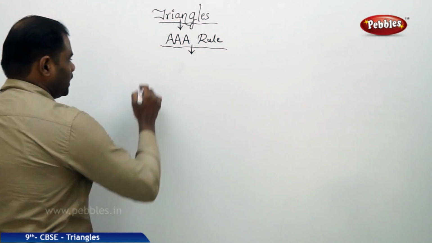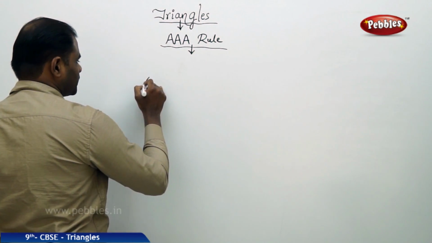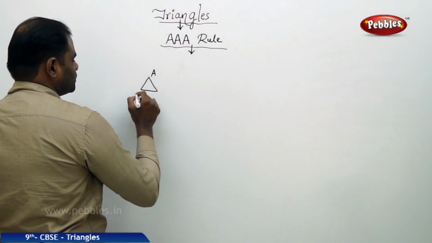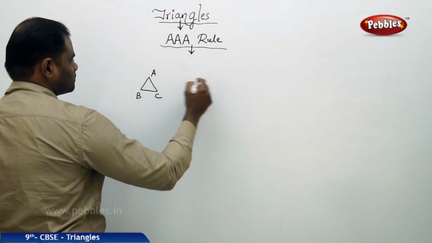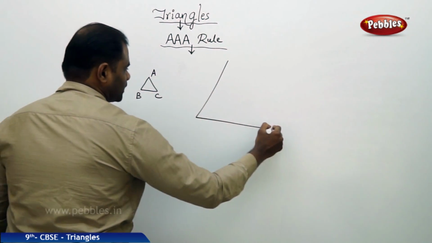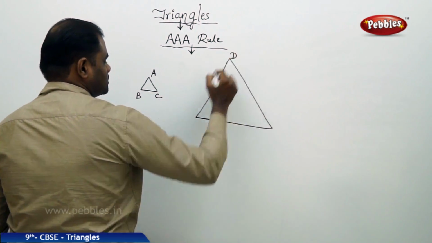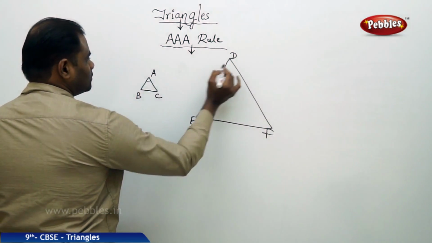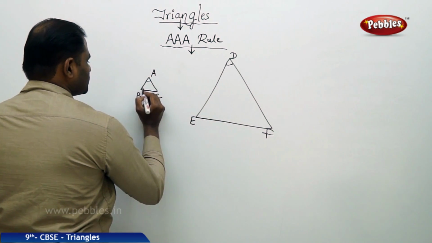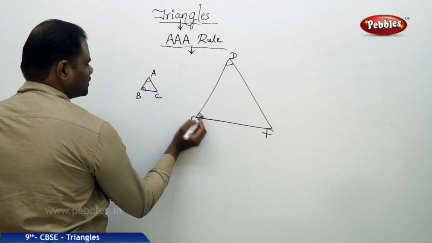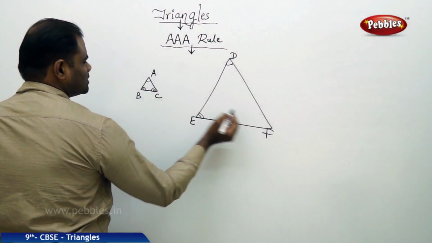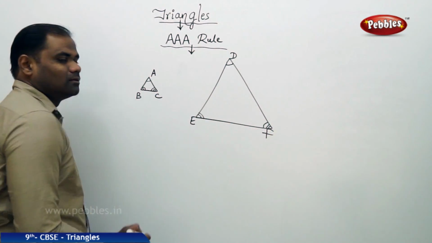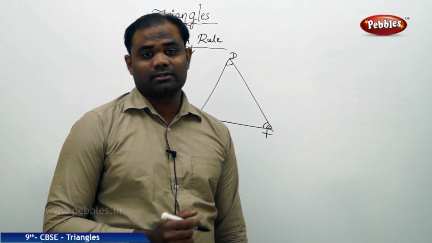So imagine I have two triangles A, B, C, and I have another triangle D, E, F. If my angle A equals angle D, angle B equals angle E, and my angle C equals angle F, then will the two triangles be congruent?